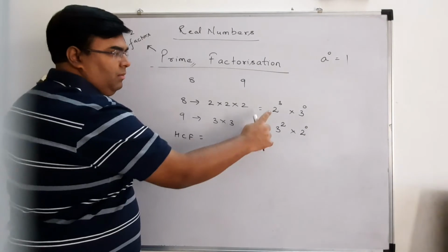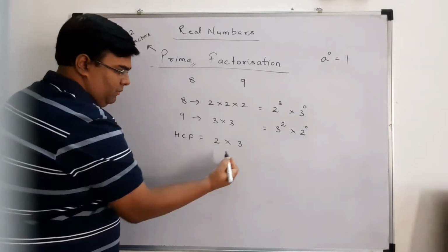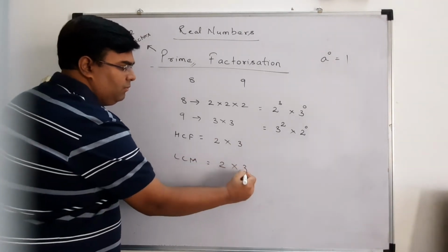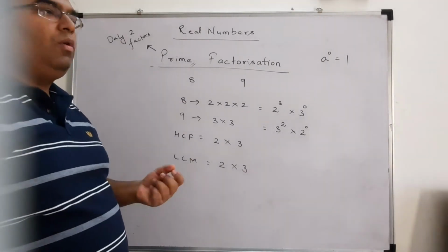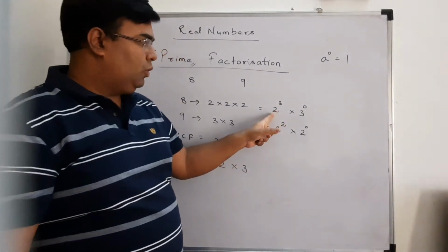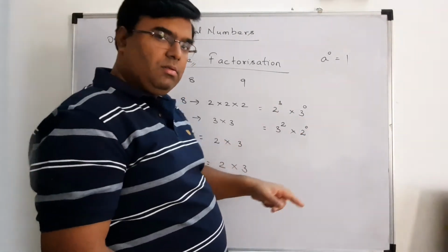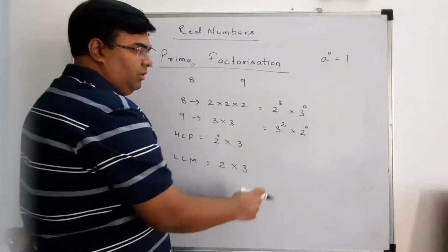Okay, now my HCF. My numbers are 2 and 3. LCM also. My numbers are 2 and 3. Now for HCF we take smallest power. So 2 raised to power 3, 2 raised to power 0. The smallest power is 0. Same for 3 also.